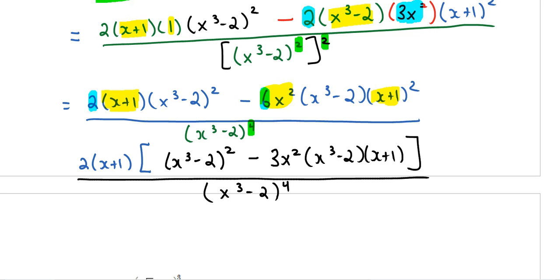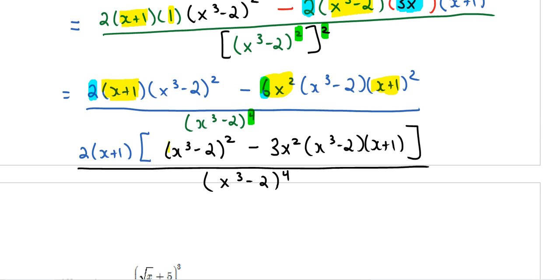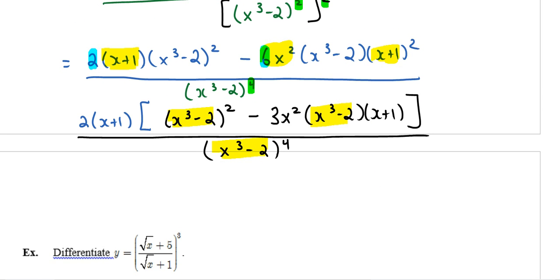And okay, actually I do notice one more thing that we could do here. If you look at this expression right here highlighted in yellow here, you can definitely factor all those out. And if you factor all those out, oh, I should have done that right from the get-go here. That would have saved me some problems here. Okay, so let me think if I can rewrite this. So it'll be 2 times x plus 1.